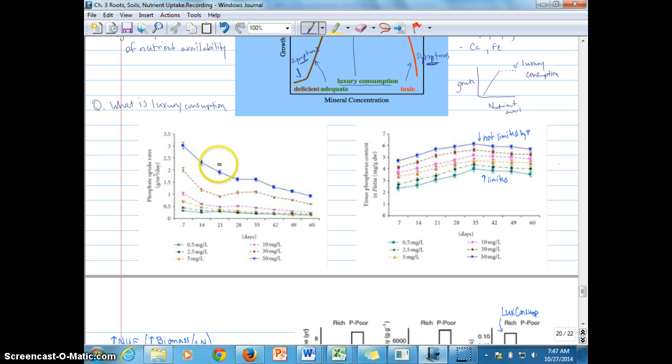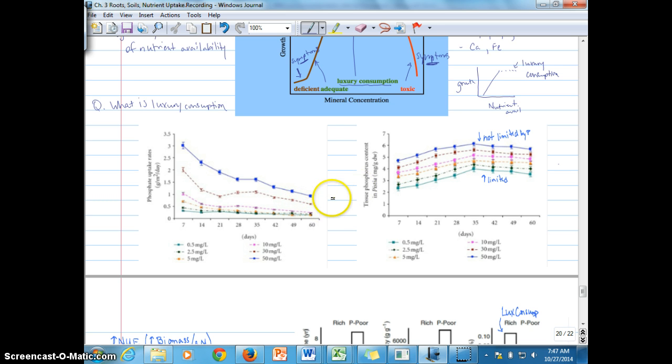They decrease their rate of uptake over time, as do plants fertilized with lower and lower levels of phosphorus. Overall, even after 60 days, the uptake rate of the highest treatment is still higher than all the rest, even though it's down-regulated a bit.